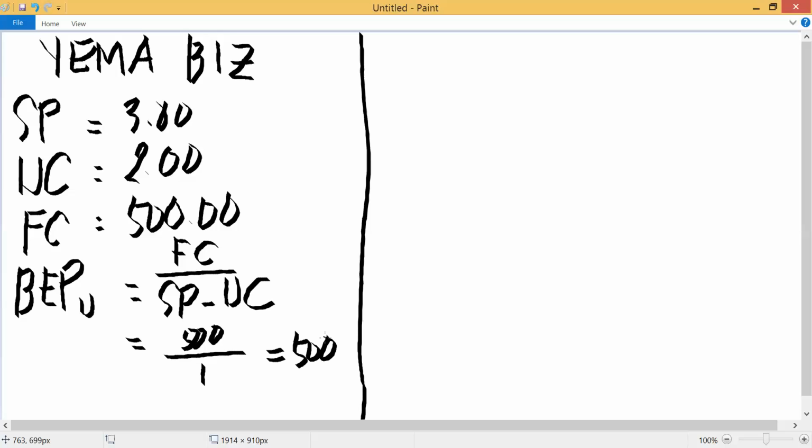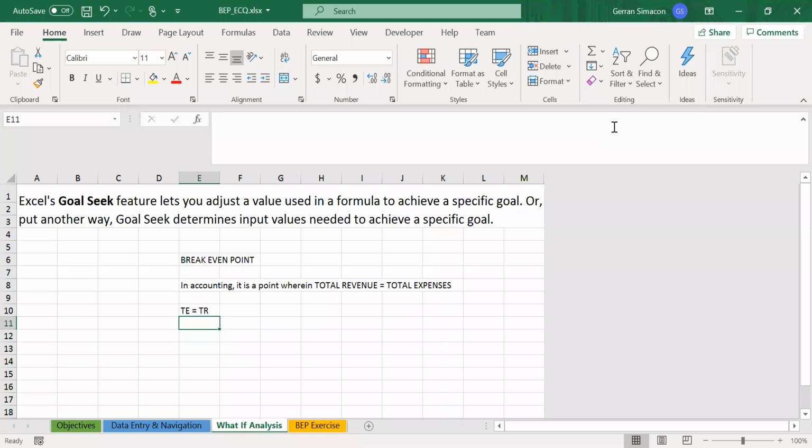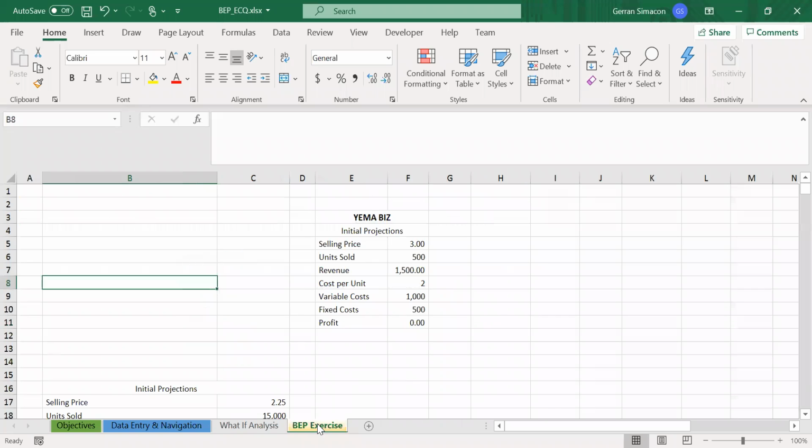Now, let's go back to our Excel file. Para dili lang mga problema class, dili ato magsige pa ka og remember sa formula class. We have this what if analysis goal seek feature in Excel class.